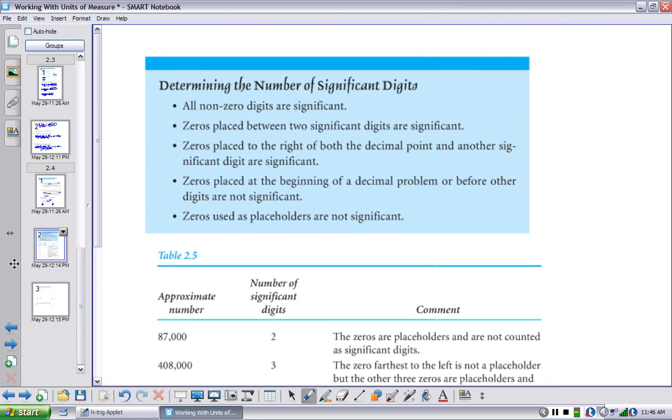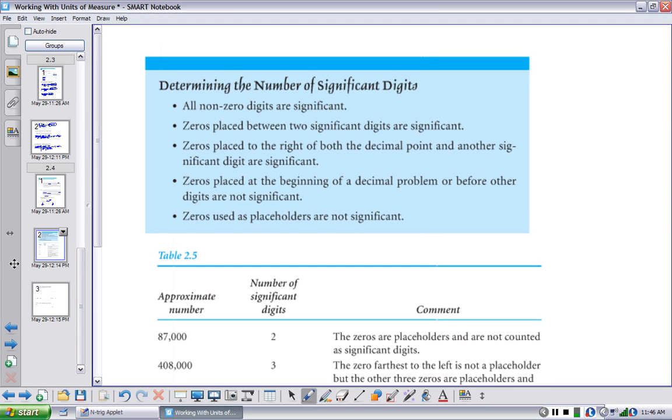Sometimes when we are writing approximate numbers, we may include some zeros so that the decimal point will be properly located. But sometimes those zeros are not significant. So let's talk about what has to happen and how we determine how many significant digits a number has.